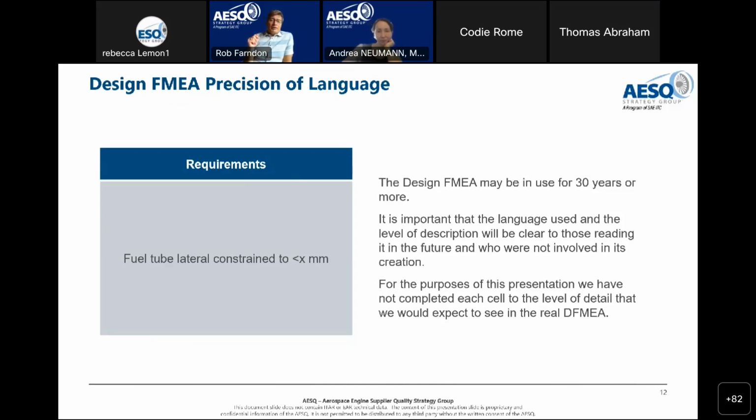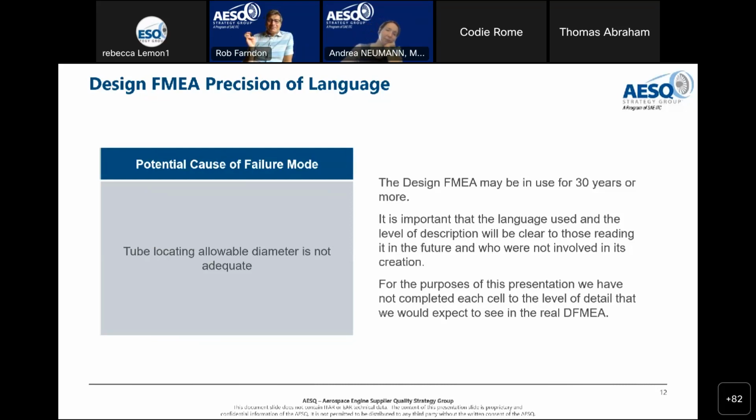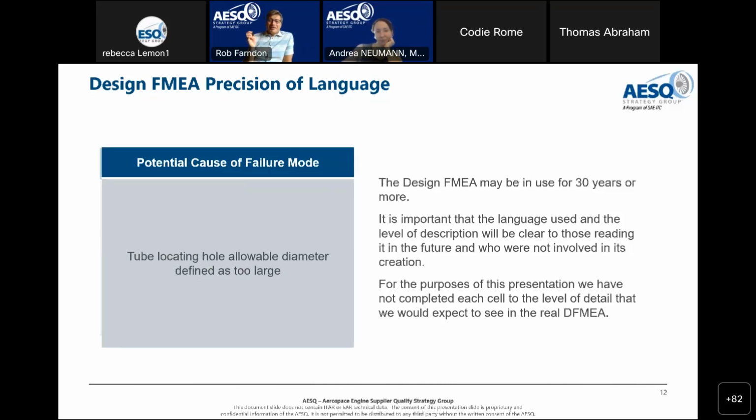And I think if we click a couple of times, there's a couple of examples inside the box there. Click again. So you see there's a bit of subjectivity in some of the language, and what we want to do is try and get away from that. So what do we actually mean? The hole diameter is defined as too large.